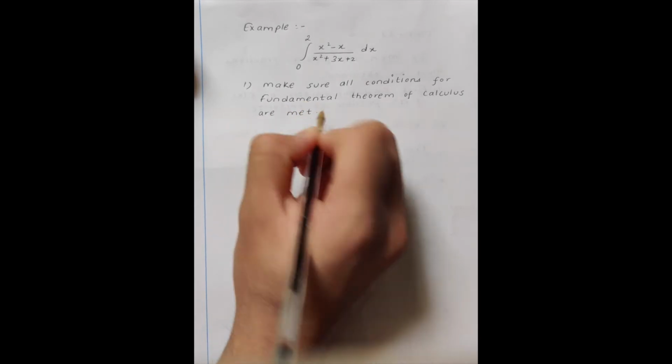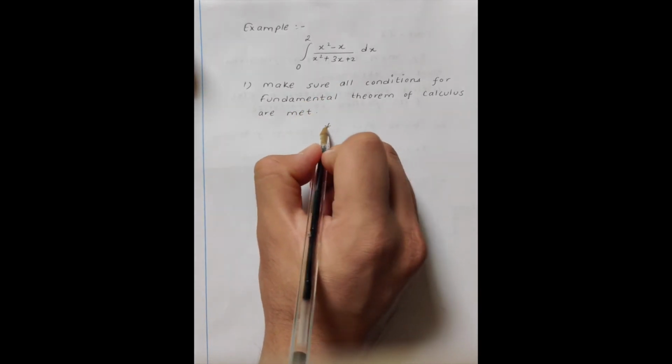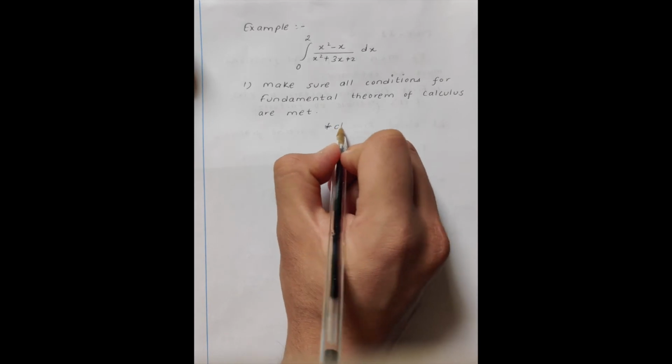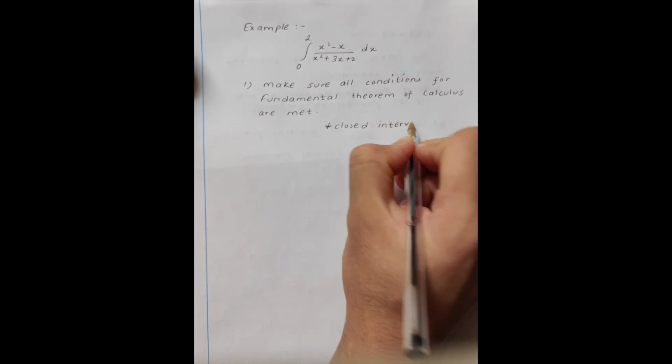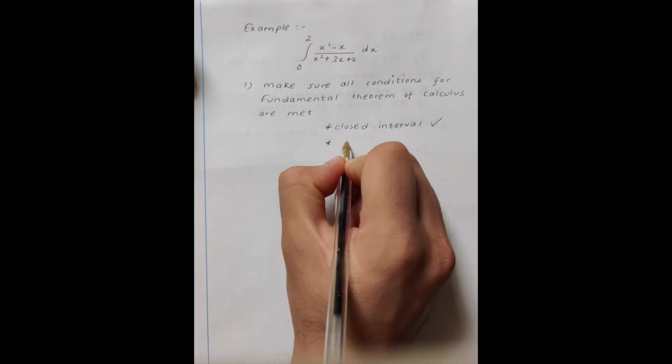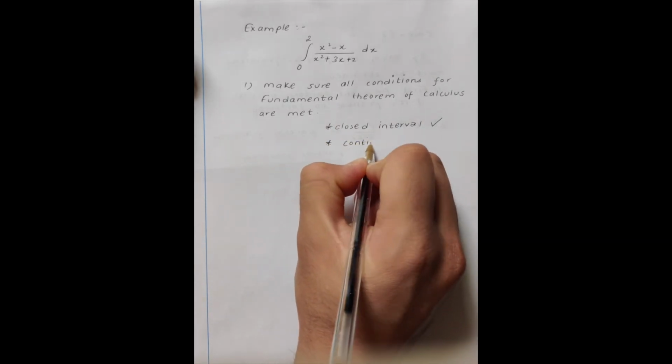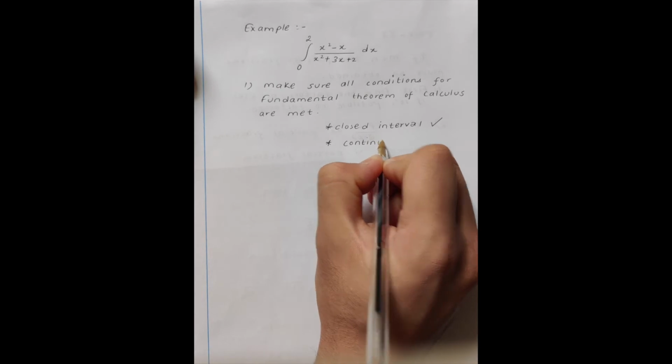The first part, as we saw in the previous video lesson, is that we need to ensure that the hypotheses of the fundamental theorem of calculus are met, meaning that we need to have a closed interval and a continuous function inside this interval.